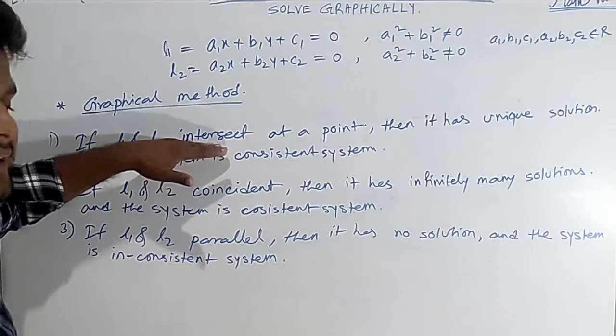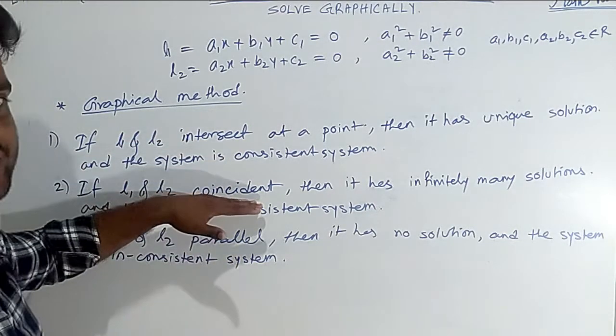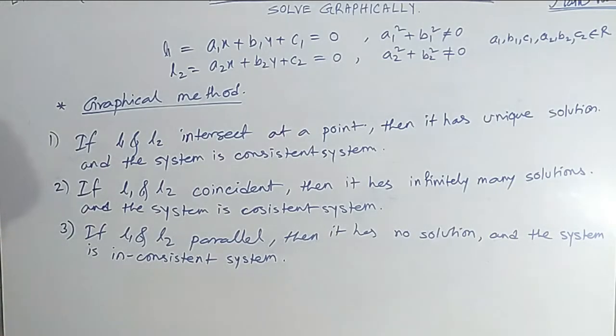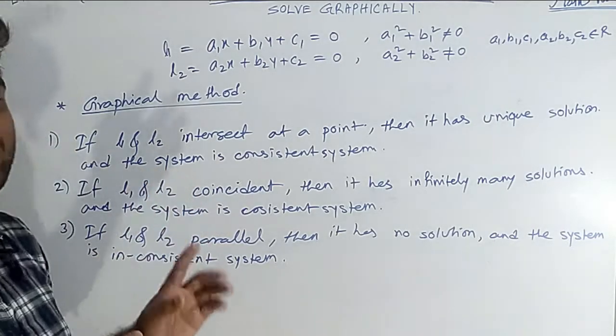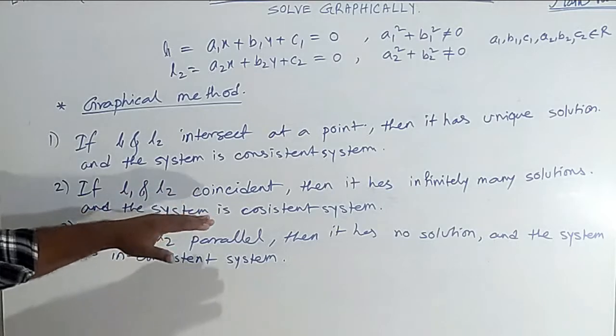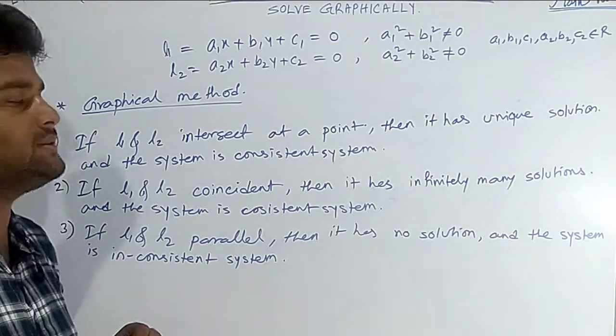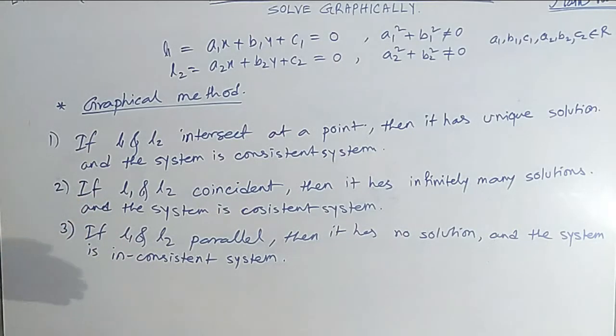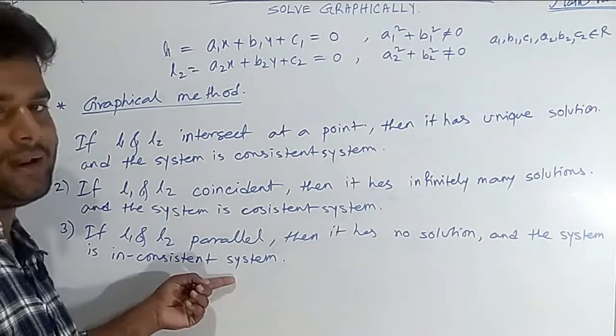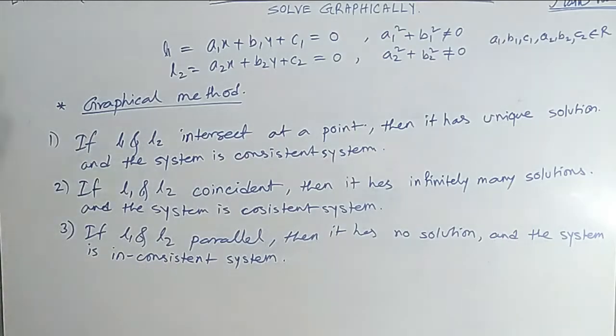First is intersecting and second is coincident. If the lines are intersecting, then it has only one solution, and if the lines are coincident, then it has infinitely many solutions. And for an inconsistent system, there is one type of lines, that is parallel lines. That means it has no solutions.